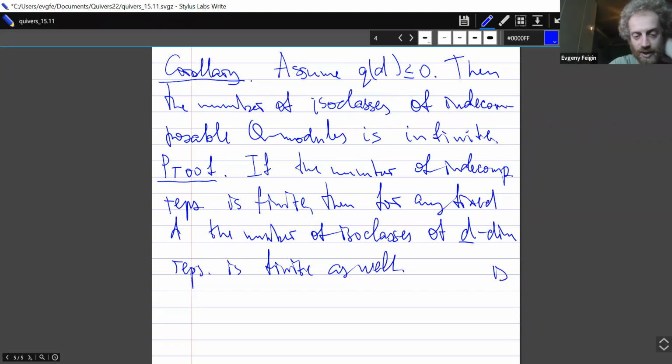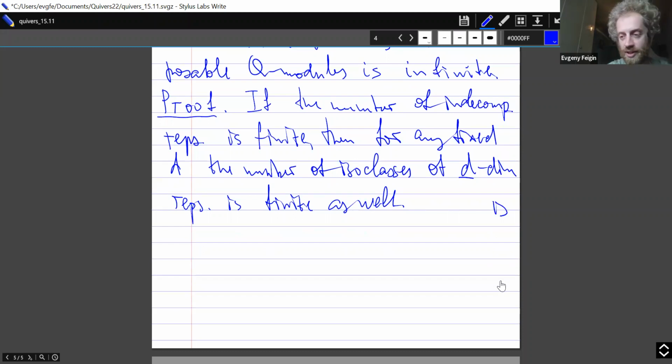Okay. Good. So you see, this explains why the study of this form is that important. For example, we know that if you are able to find some D such that Q of D is non-positive, then you are somehow done.